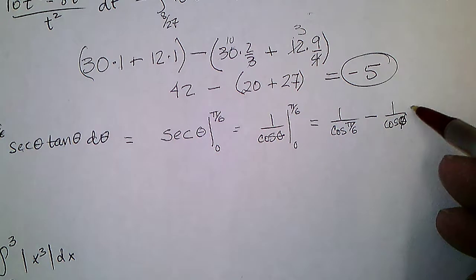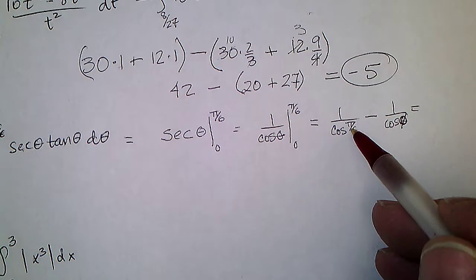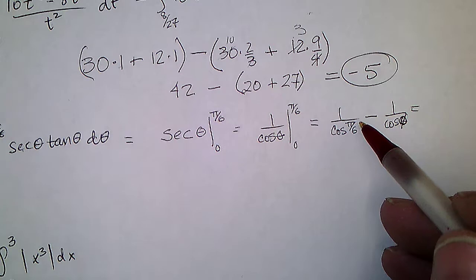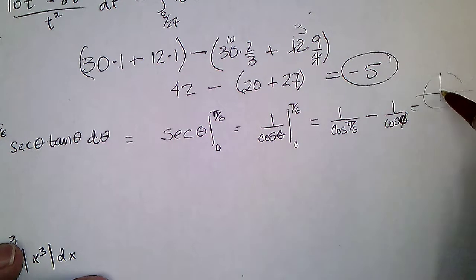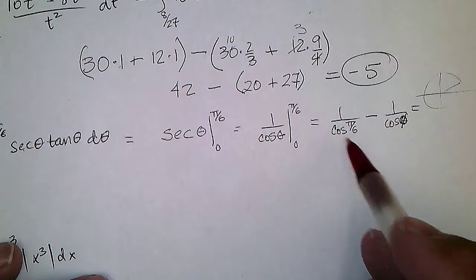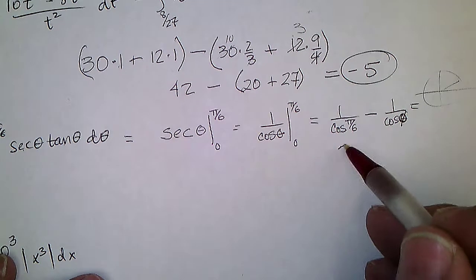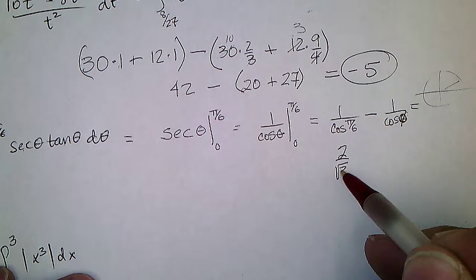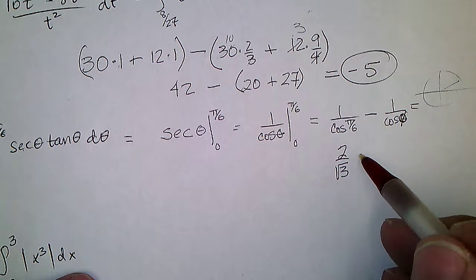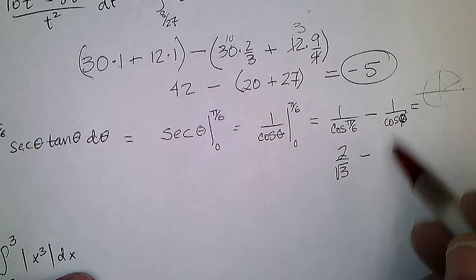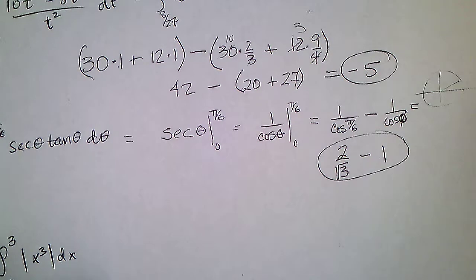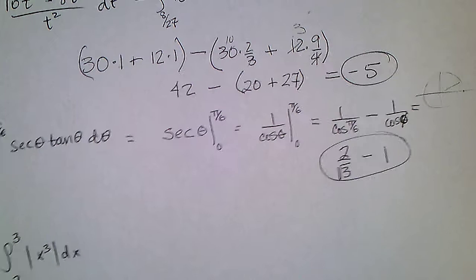The cosine of pi over 6 is square root of 3 over 2, so this is 2 over the square root of 3, minus cosine of 0 is 1, so minus 1. Now you could rationalize and stuff, but that's good enough.